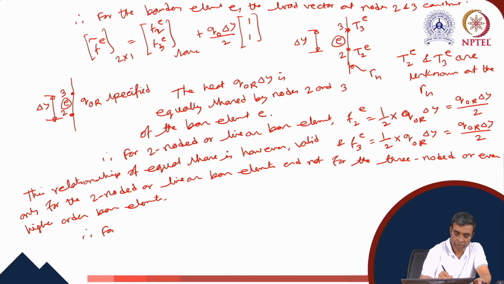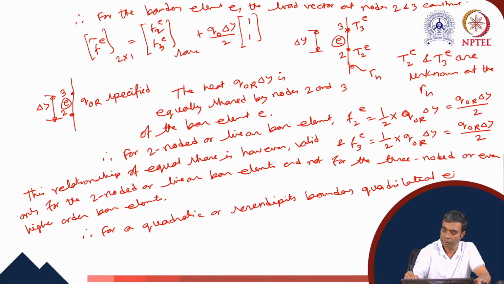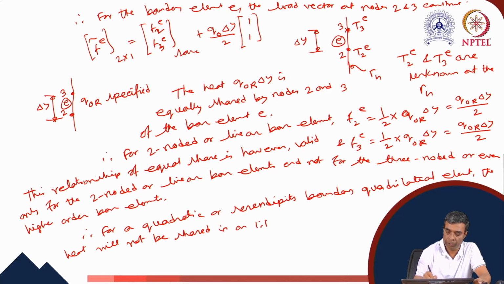Therefore, for a quadratic or serendipity boundary quadrilateral element, the heat will not be shared in a 1:1 ratio.